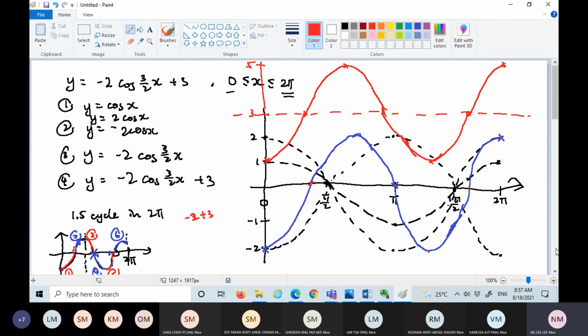So this is the second example. We come to the textbook.